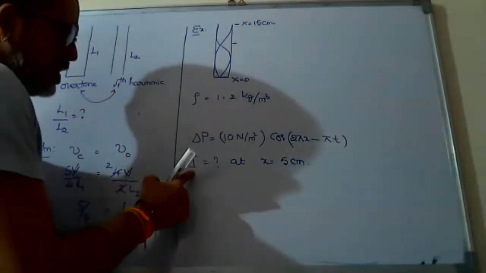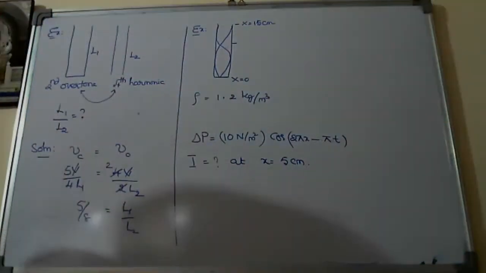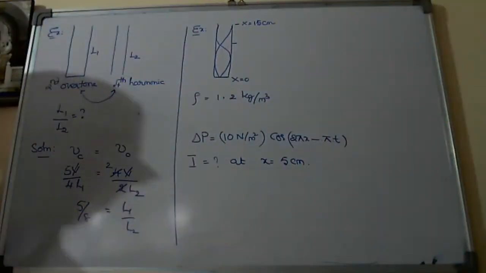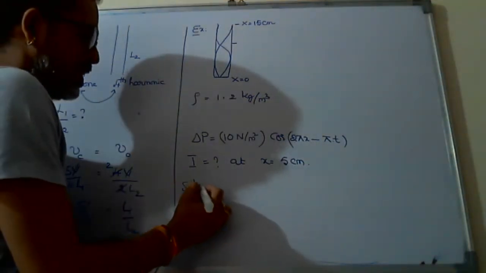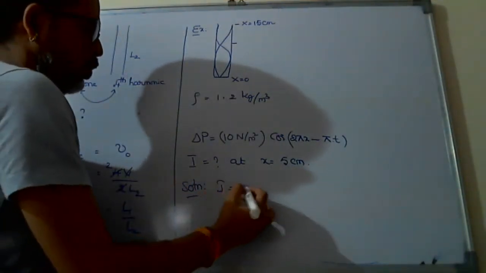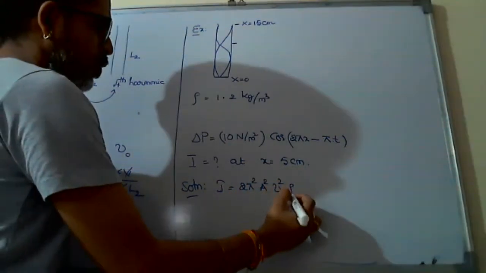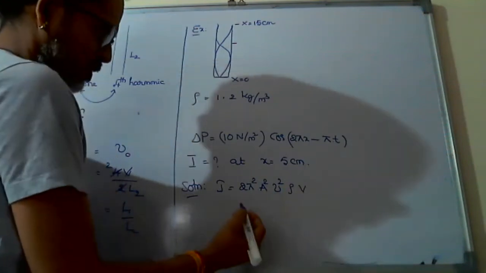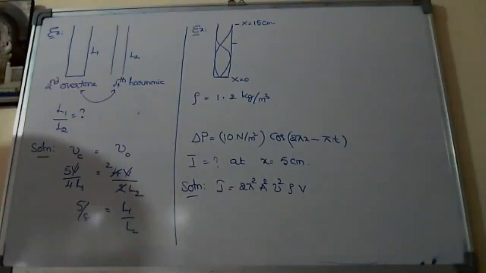Here intensity, actually we don't know any equation, right? Long back we discussed the formula: intensity equals 2 pi square a square mu square rho v. Okay, correct. The formula long back I derived in the regular class also.